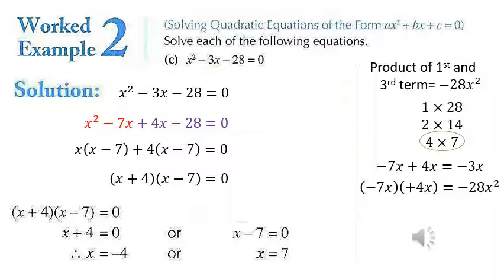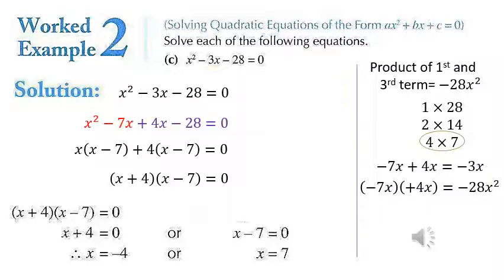Let's see. The product of the first and third terms is minus 28x square. All the factors of 28 are 1 multiplied by 28, 2 multiplied by 14, 4 multiplied by 7. We have to choose the pair of factors whose sum is equal to the middle term, that is minus x, and whose product is equal to minus 28x square.